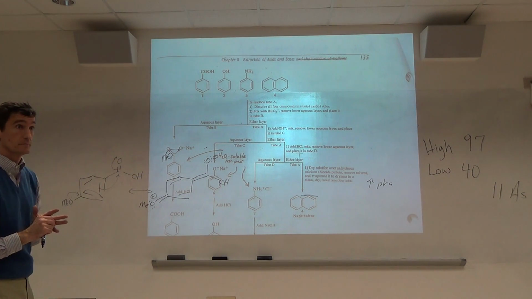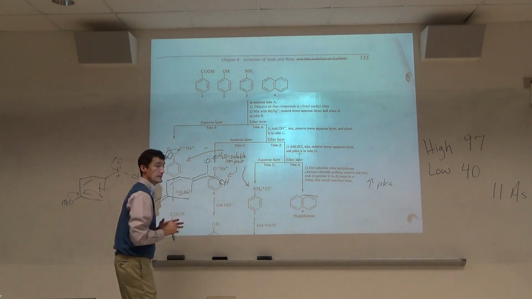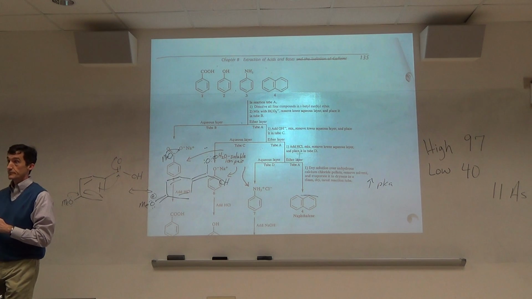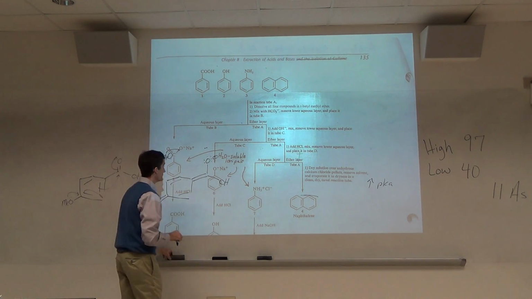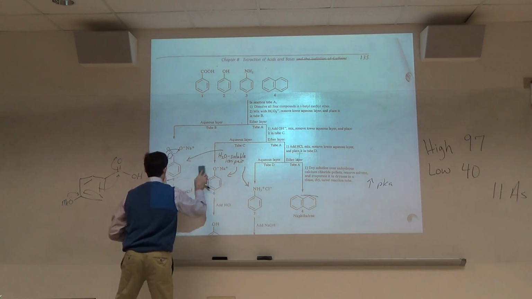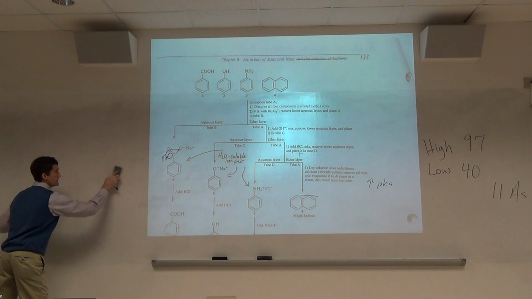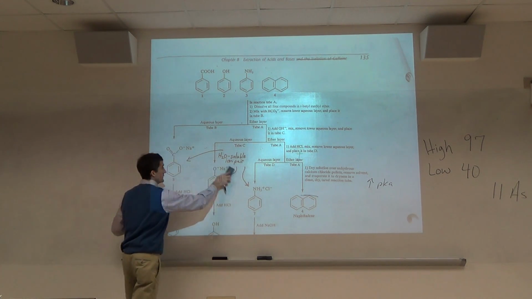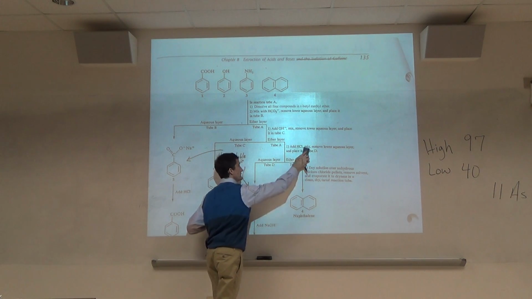Basic. Now, it can act as an acid, but the first is to be basic. And under aqueous conditions, it can only be basic. And the fourth compound is what? Acid, base, or what? Fourth compound is neutral. It's not going to act as an acid or a base, especially under acidic conditions.